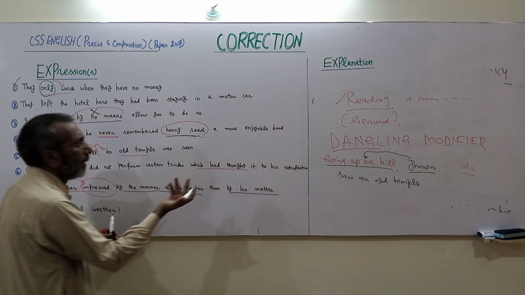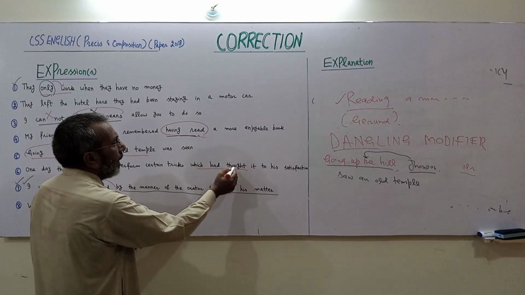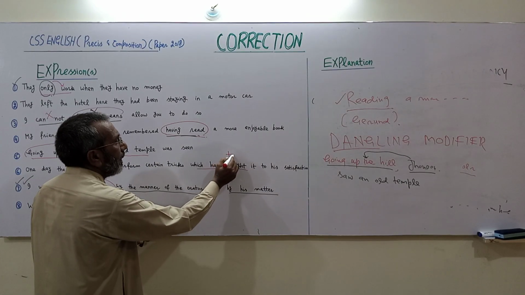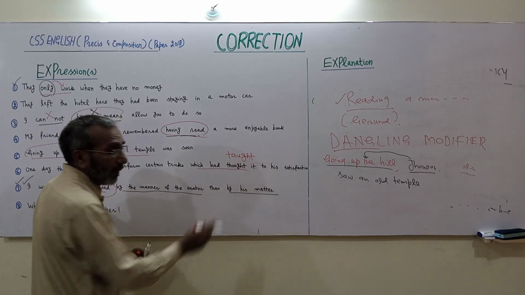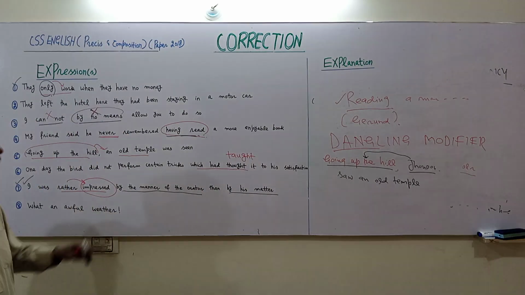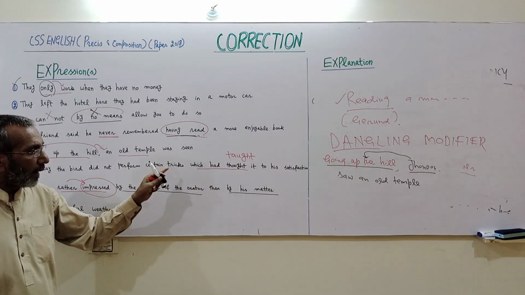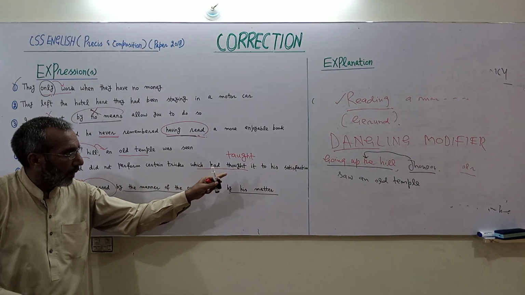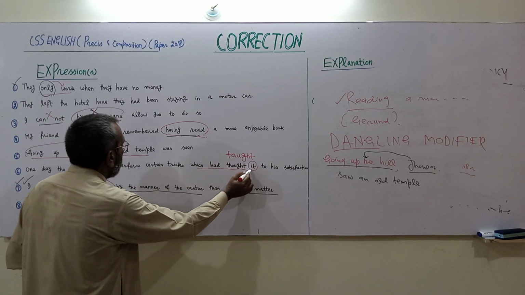What's this? Actually, I think it is a misprint; even in routine, it should be taught, not thought. That's what I think. Okay? Suppose it is thought. Let's make it taught. Which had taught it? It is referring to what?